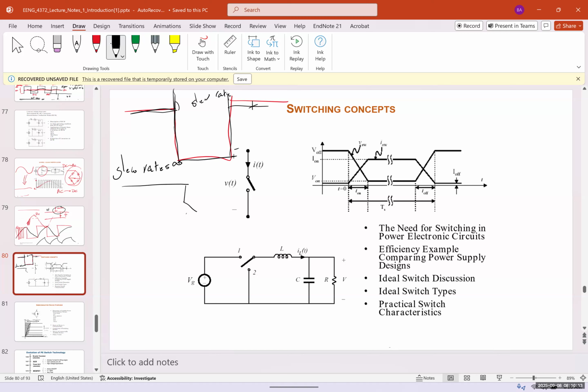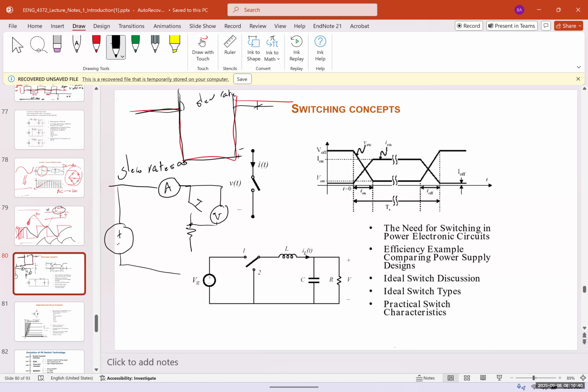Let's say we have the switch over here, and I want to put the current meter here, and the voltmeter across the switch over here. And I have a source over here.